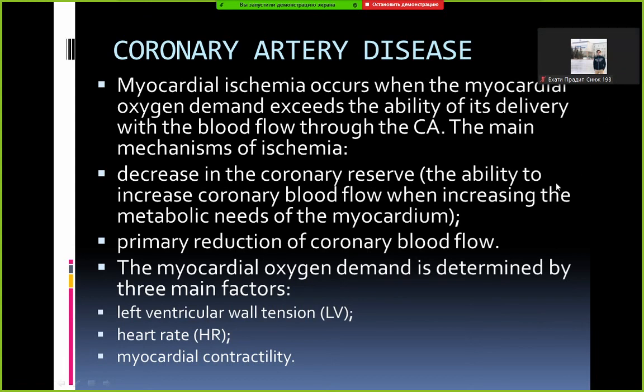The main mechanisms of ischemia: first, decrease in the coronary reserve, the ability to increase coronary blood flow when increasing the metabolic needs of myocardium, and the second, primary reduction of coronary blood flow. The myocardial oxygen demand is determined by three main factors: left ventricle wall tension, heart rate, and myocardial contractility.